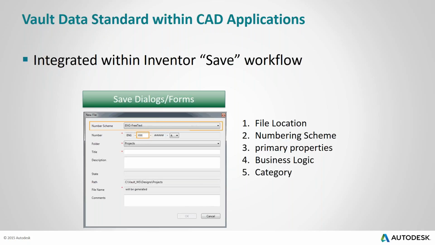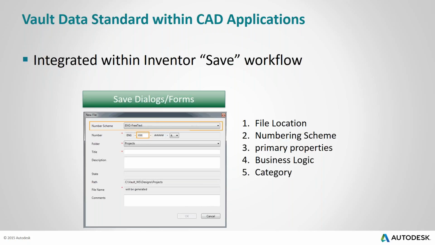Also, what Vault can mandate or enable is that whenever a new file is created in a CAD system, it doesn't allow the file to be saved locally, but the moment you click on the save button in Inventor or in AutoCAD, the file is automatically checked into Vault.